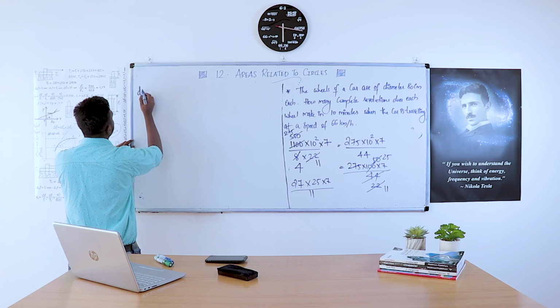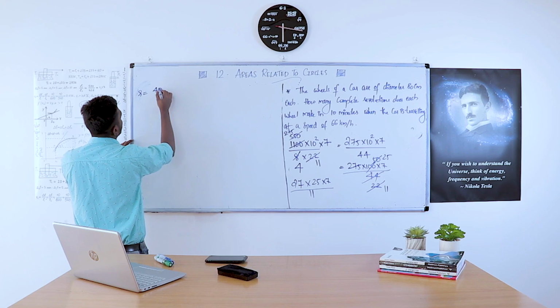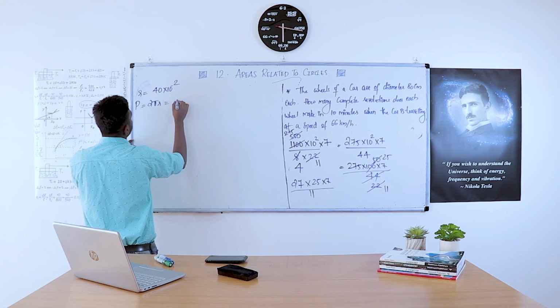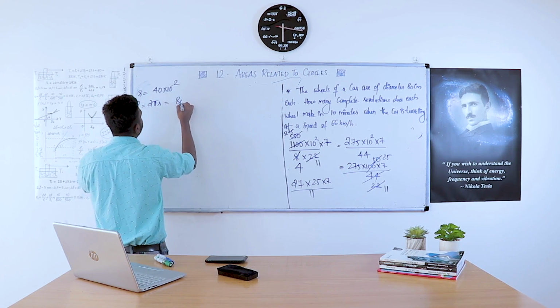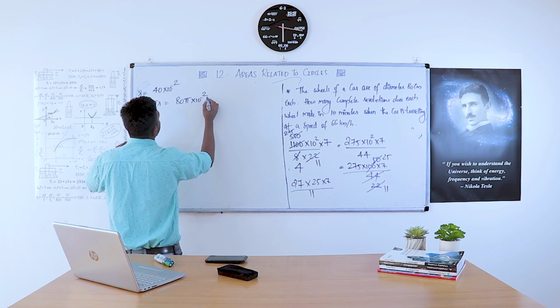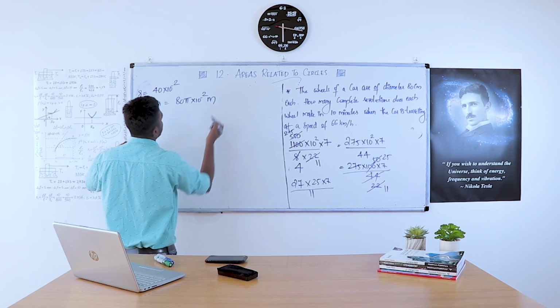So diameter is 80. So radius is equal to 40 into 10 raised to minus 2. Then perimeter is equal to 2 pi r. That is equal to 2 into 40, that is 80 pi into 10 raised to minus 2 meter.